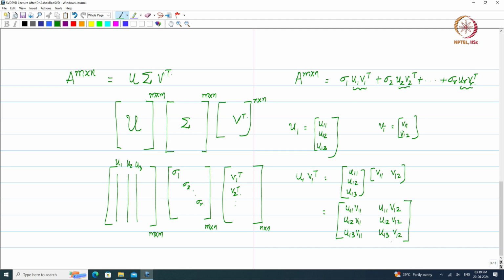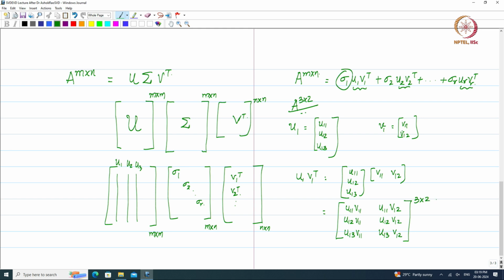Say A is a 3 by 2 matrix in this case. This is just an example that I'm taking. The U vectors will be 3-component vectors, and V vectors will be 2-component vectors. So what we get is a 3 by 2 matrix.